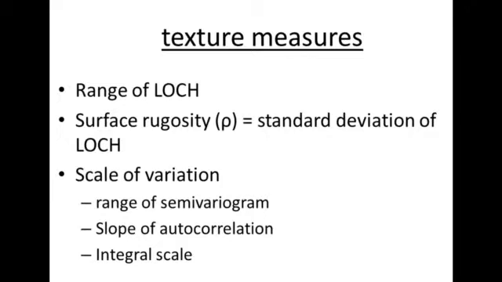The more elements that you have poking up in a variety of heights, the greater will be the capacity to reduce wind velocity with height in the forest. So that's what I call the rugosity, and it's simply the standard deviation of the local height. You can also measure the scale of that variation. I haven't actually found a great use for that yet, except for description. And there's a variety of statistical approaches to doing that.